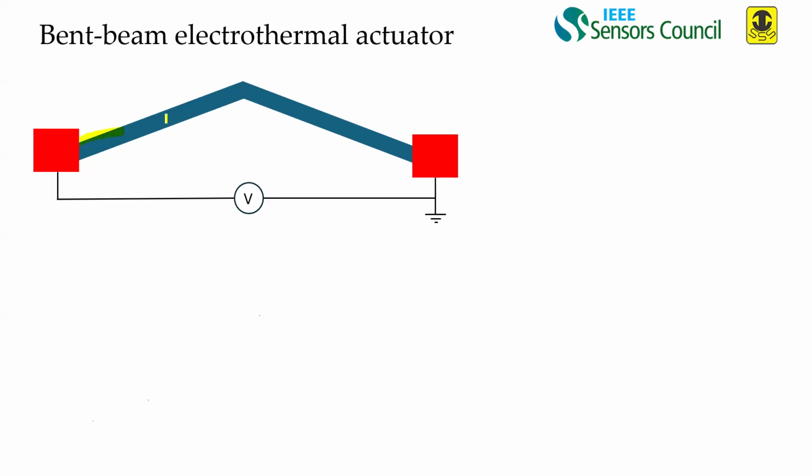It will deform like this, upwards. Sorry for my drawing. So it will be moving up. The deformation will also depend on the angle made by the two beams, this theta value.